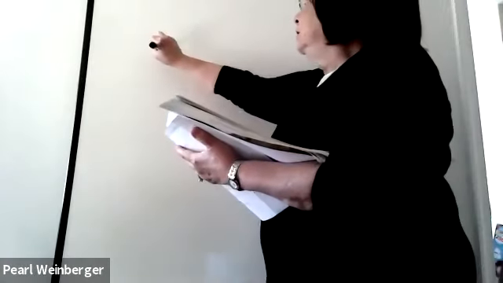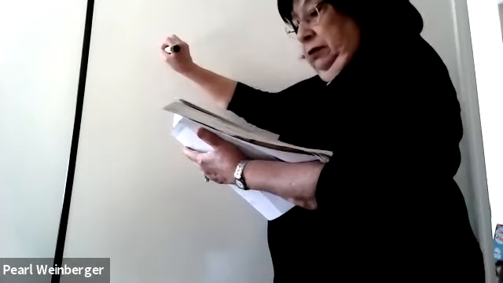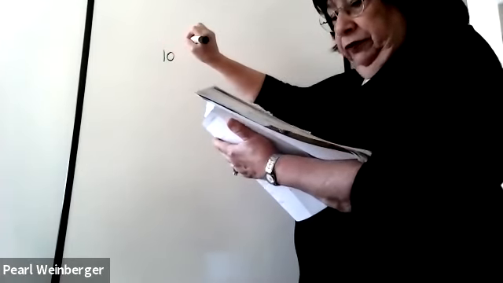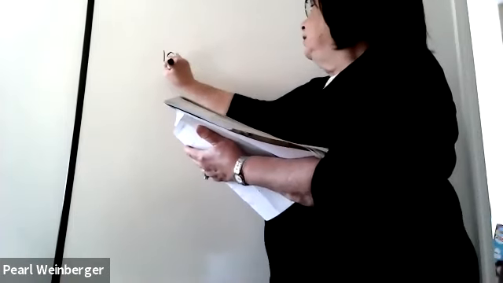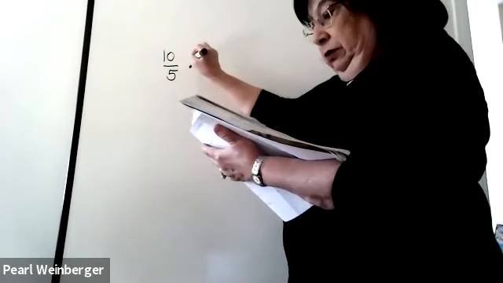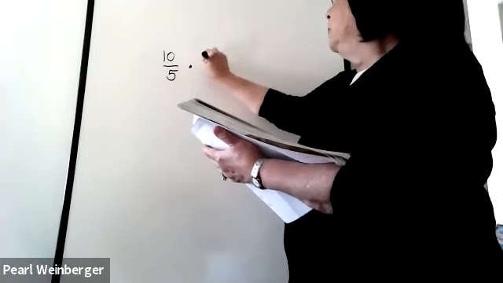So if I have something like this, let's just do plain numbers first. 10 over 5 times 15 over 2.